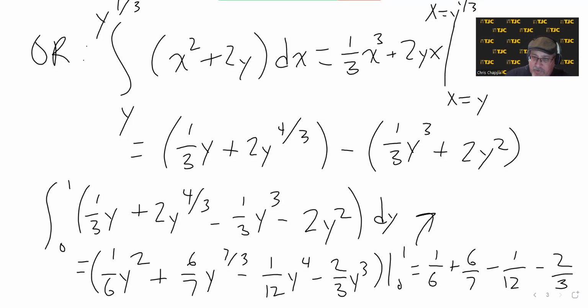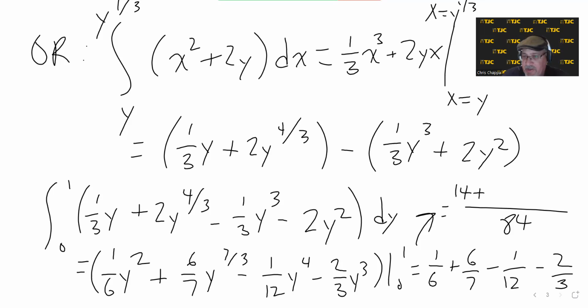Let's see what that equals. Common denominator is still going to be 84. Yeah, 7 times 12 is 84, and 12 contains both 6 and 3 as factors. All right, so to turn 6 into 84, we would multiply it by 14, so we get 14.